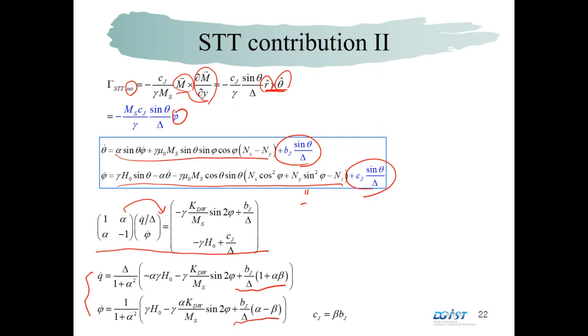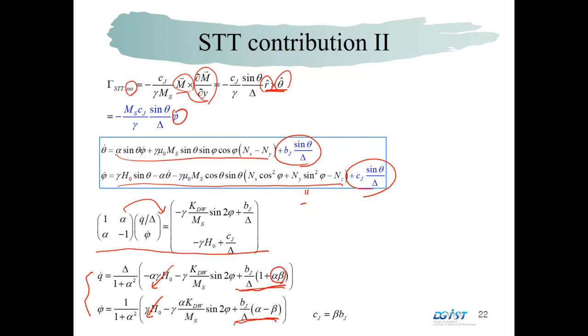Okay. So these are the two terms of the spin transfer torque. If we don't apply the field, this term is dropped. Only these two terms work as the driving force of the domain wall. Here, one thing is, this term is generally very small.